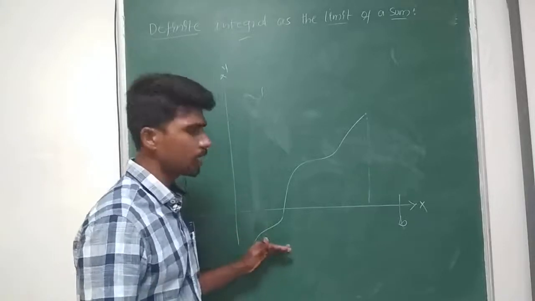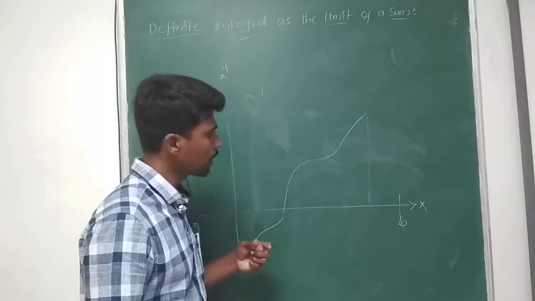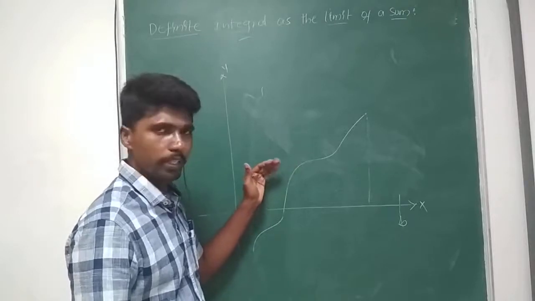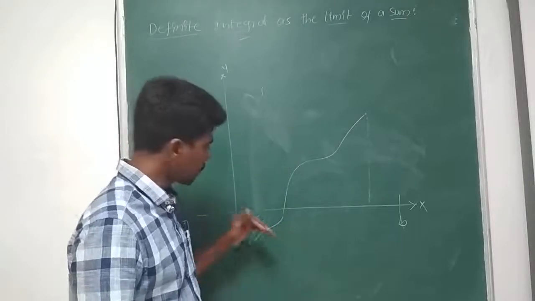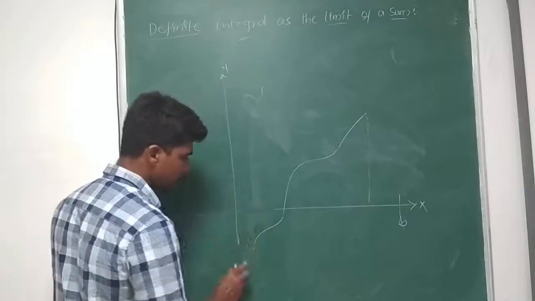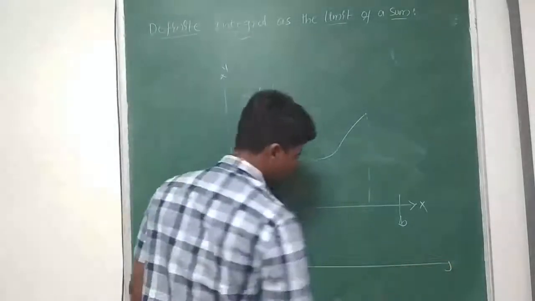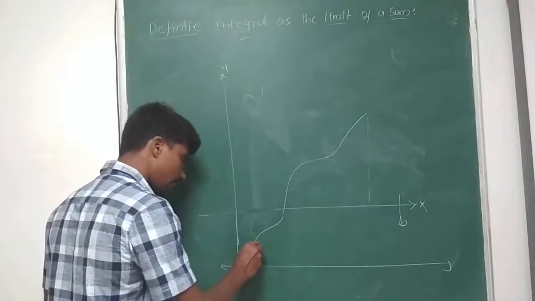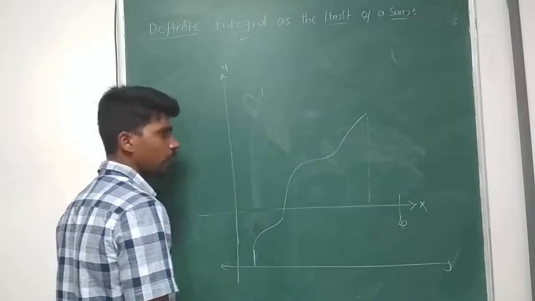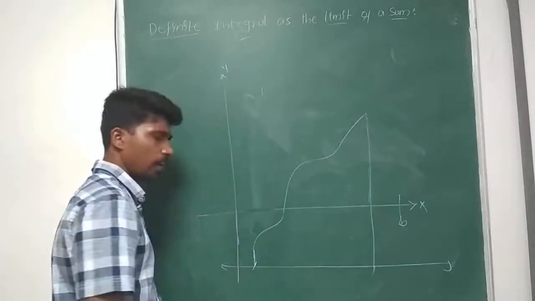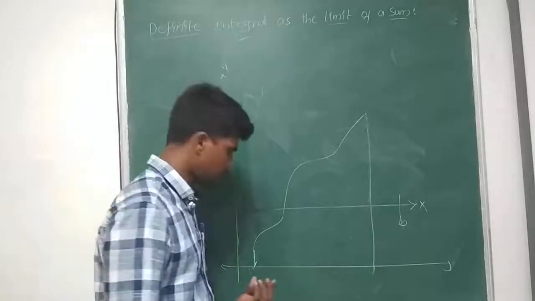Even in this situation we can find the area of the given curve, enclosed by the given curve and the x-axis, by shifting the x-axis down. If I shift the x-axis down, I get this portion, and I can find the area enclosed by this curve, with a and b as the limits.